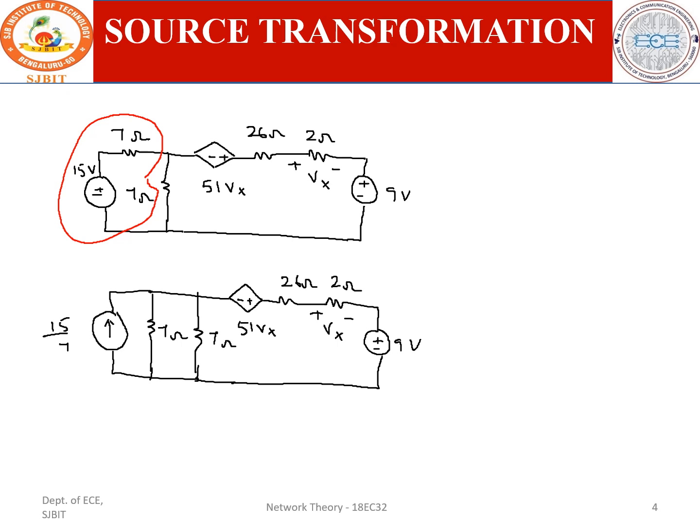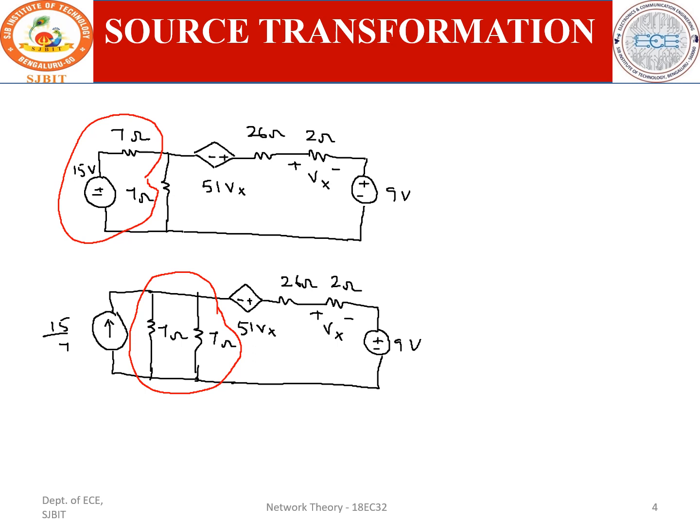Now you can simplify further. This 7 ohm and this other 7 ohm are in parallel. Then what is the total resistance?